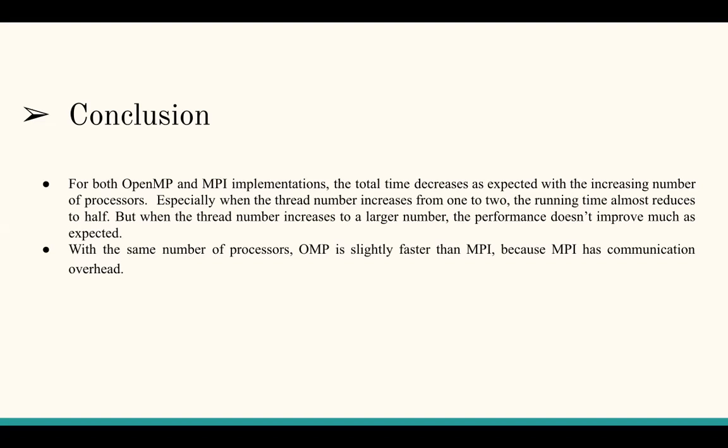But when the thread number increases to a larger number, the performance doesn't improve as much as expected. And with the same number of processors, OpenMP is slightly faster than MPI because MPI has communication overhead.